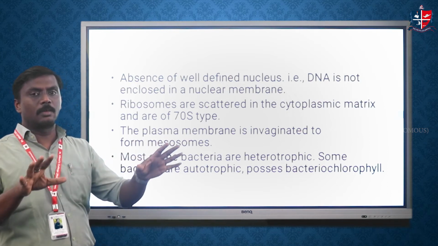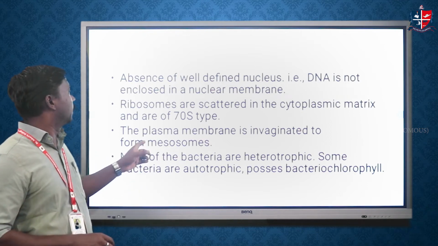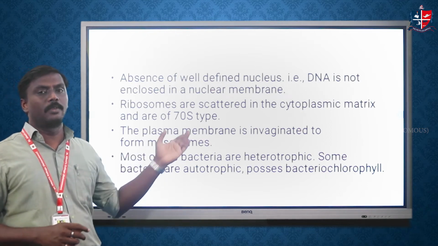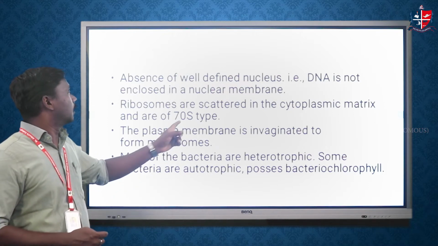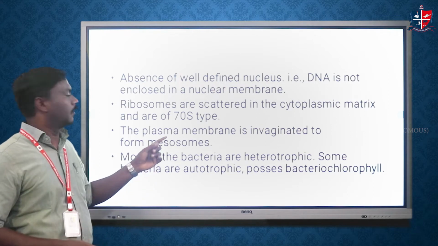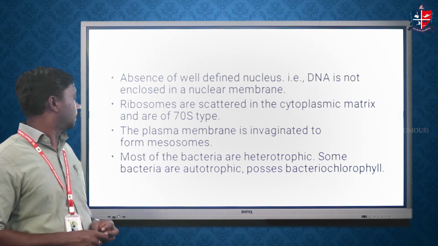You can see the ribosomes scattered throughout the cytoplasm. 70S type refers to the sedimentation coefficient obtained on centrifugation. The plasma membrane is invaginated to form mesosomes.